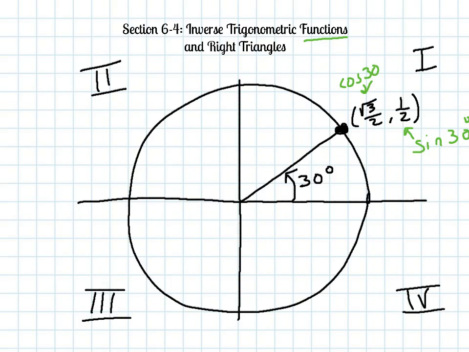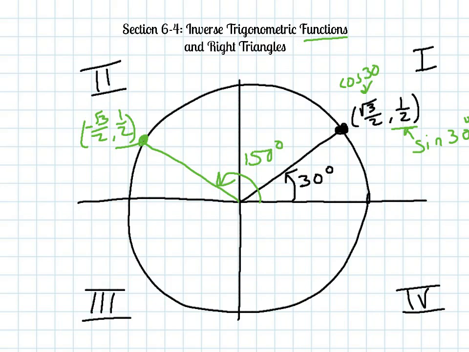If I go over here to this other side, this point is negative square root of 3 over 2, comma 1/2 for 150 degrees. So both of these terminal points have a y value of 1/2. So there's two answers. For it to be a function, one x cannot go to two y's.